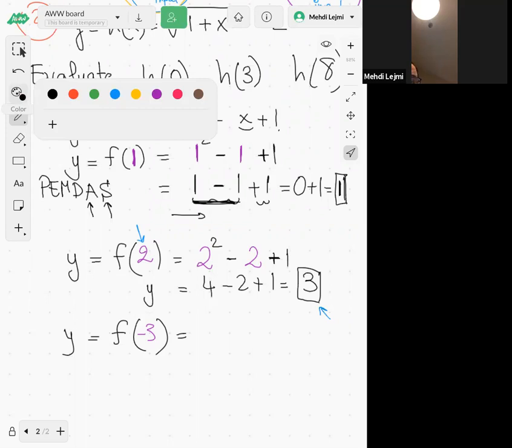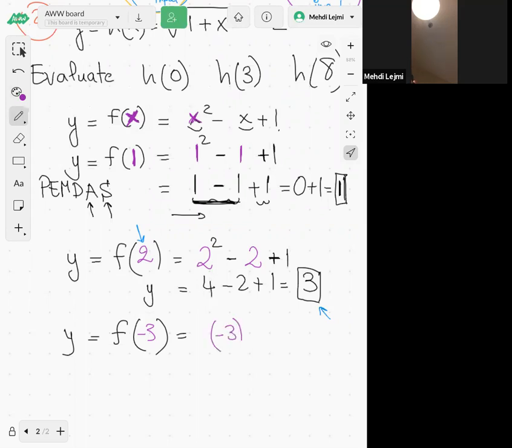My advice for you guys, whenever you have a negative number, is to use parentheses. So here's my -3 squared, minus, then -3, plus 1.